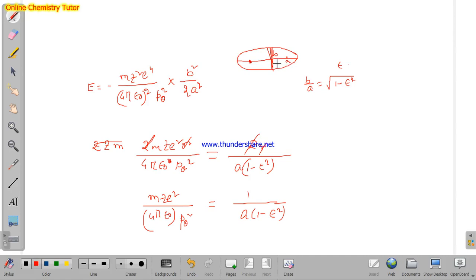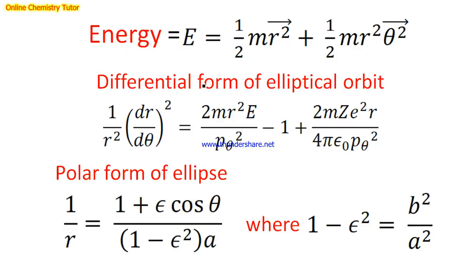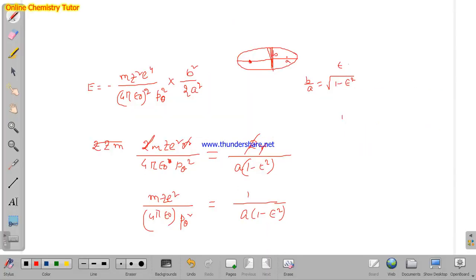So our prime goal is to calculate the values of b and a, and from the quantum restriction, the contour integration of p theta d theta equal to k h. This is the prime goal.